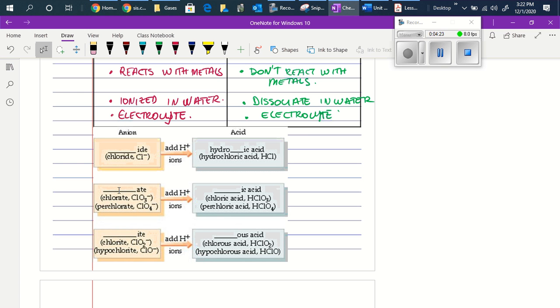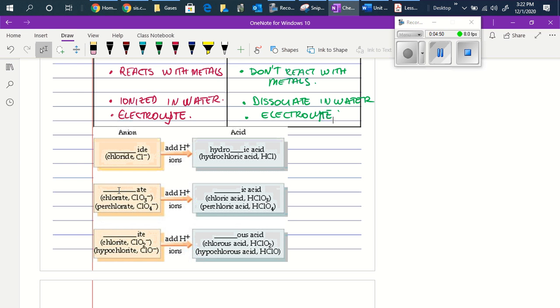Now, when different non-metals or negative ions are combined with hydrogen, we take the hydro part, that is the hydrogen, then take the root of the anion and add IC.